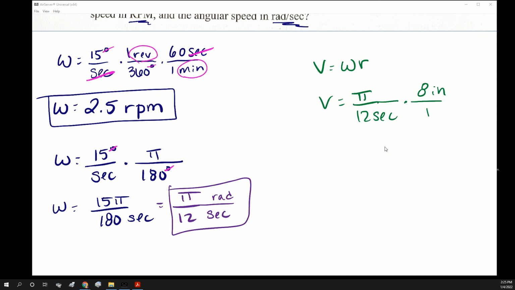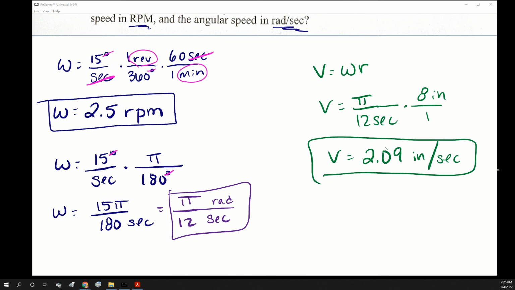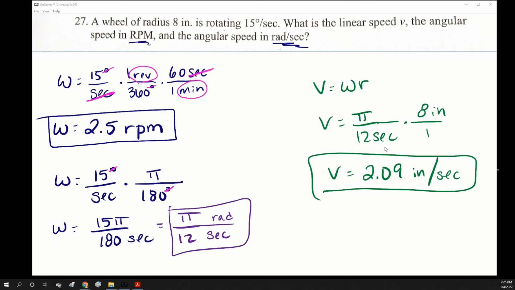And then I went ahead and did pi 3.14 divided by 12 times 8, and I got 2.09 inches per second. Now it didn't tell me a unit, so I just picked one. I'm just going to do it in inches per second. Now the book doesn't really like to give you a unit, so I'm going to give you one on number 29 because I need to know you can do it. Okay, so that was 27.